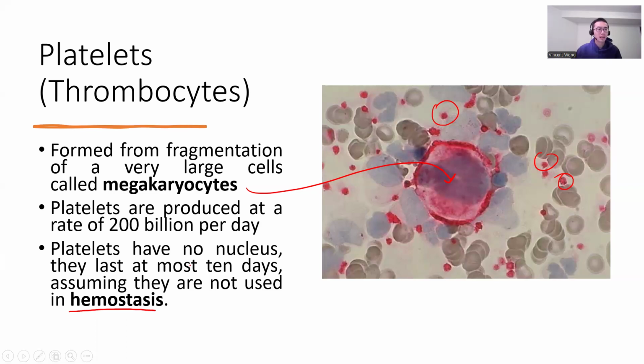Don't confuse hemostasis with homeostasis. Homeostasis is maintaining internal balance in general. Hemostasis is maintaining balance in the blood, basically stopping the bleeding so you don't bleed out. And that is the main function of platelets.